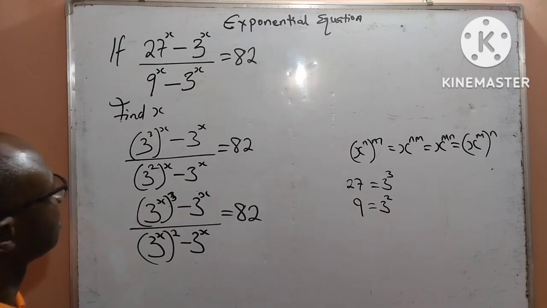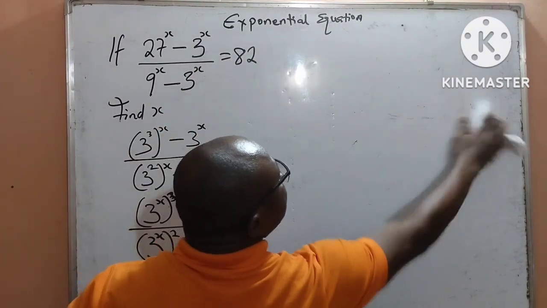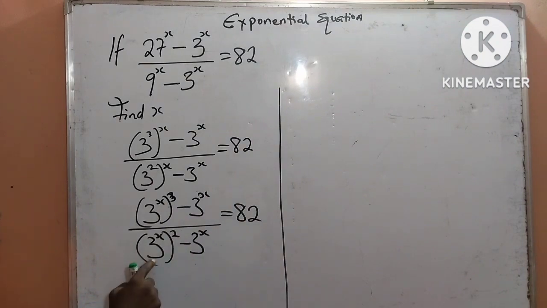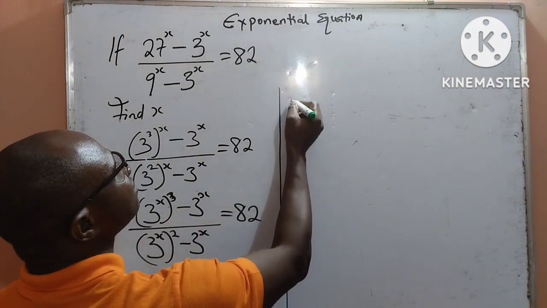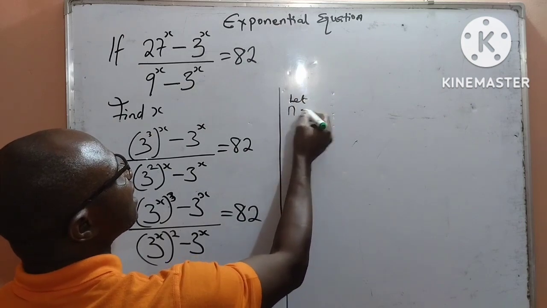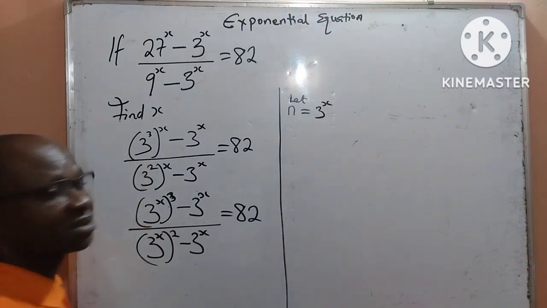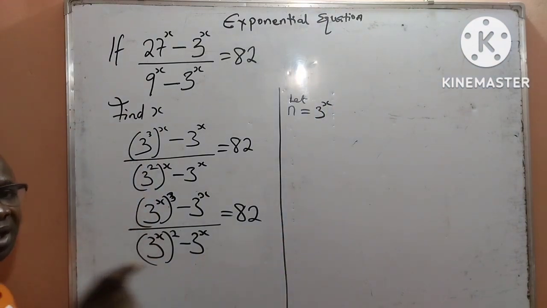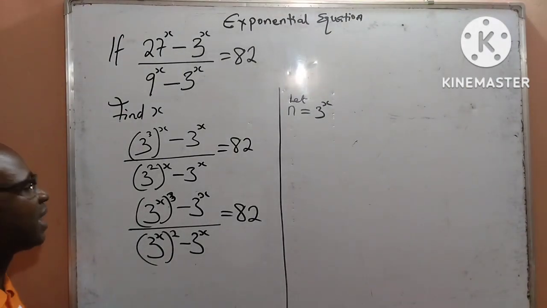Very good. Next, I want to let 3^x be n. So let n equal 3^x. That means anywhere I see 3^x, I write n.